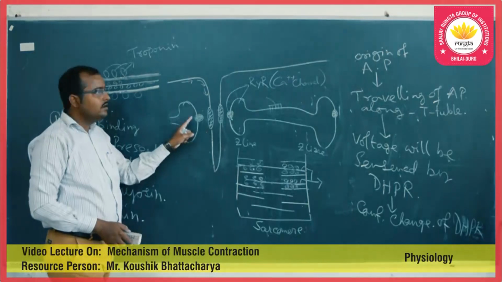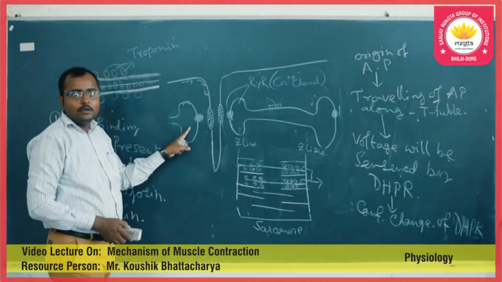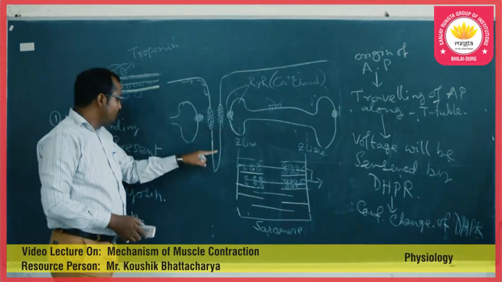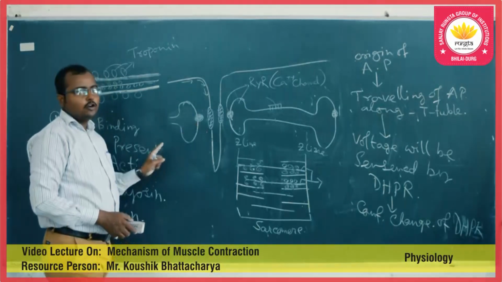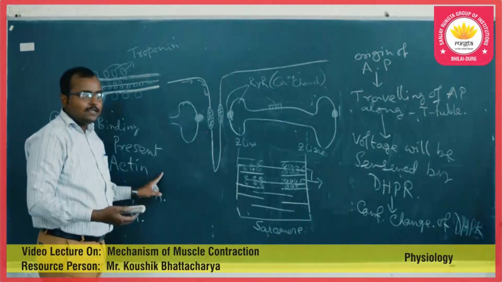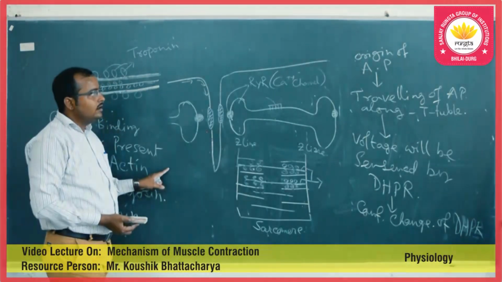That leads to the release of calcium ion from the storage area, and this calcium ion will move to the contractile area with the help of calmodulin or calsequestrin. Several calcium binding proteins are there.